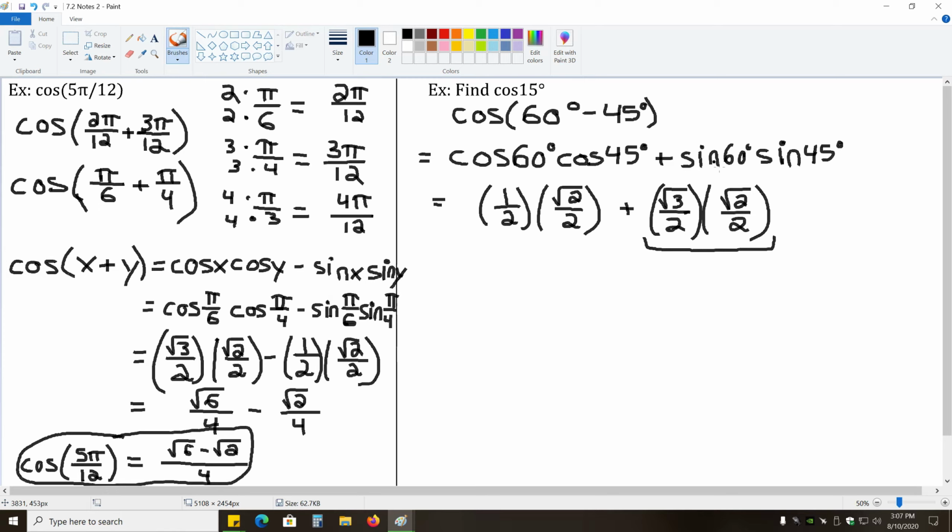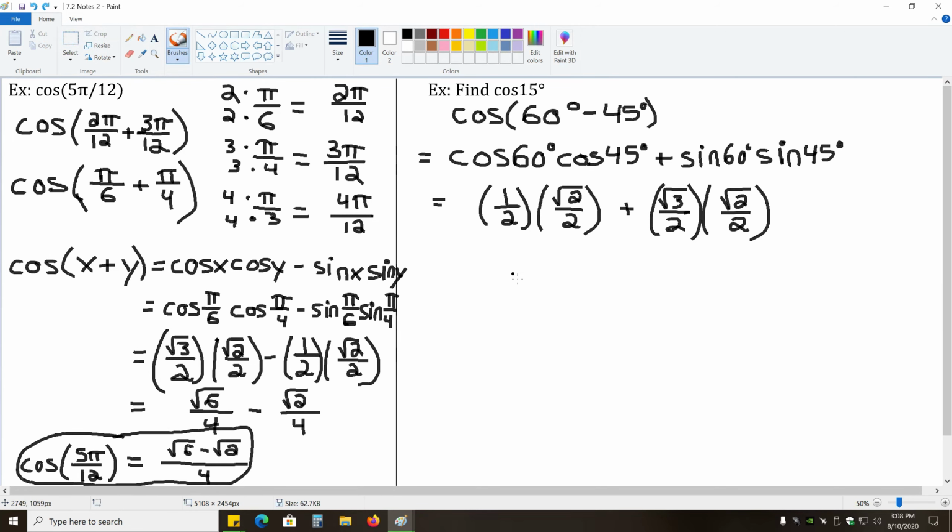And then likewise, you would have sine of 45, which would give you the square root of 2 over 2, and then you'd have sine of 30, which would give you 1/2, meaning your second term would be this one. So if you chose 45 and 30 as your two angles, then you would still have these two answers, but they would be flipped. Your first one would be the second one, your second one would be the first one, but since you're adding, it's the same thing. 1 plus 2 is 3, 2 plus 1 is still 3.